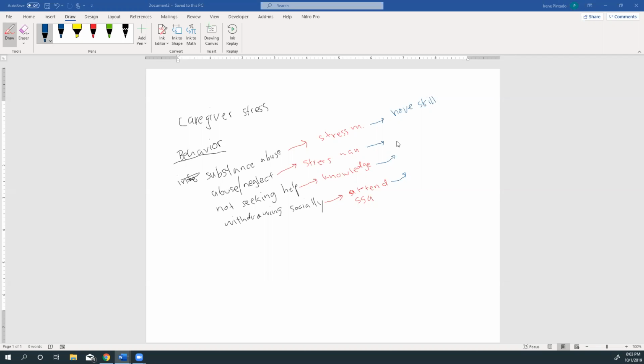We don't want the caregivers to get so frustrated and angry that it could lead to abuse or neglect.